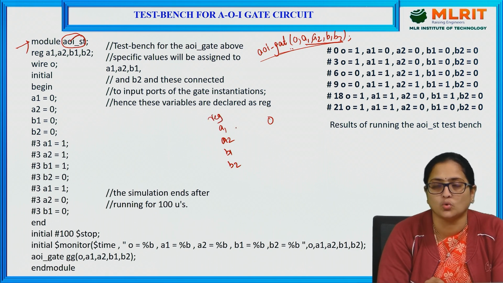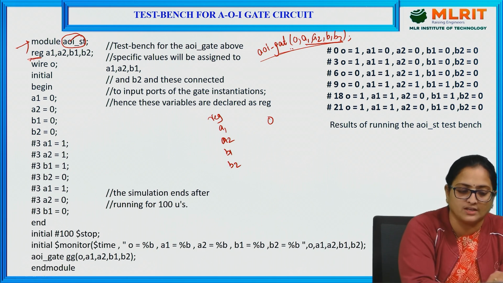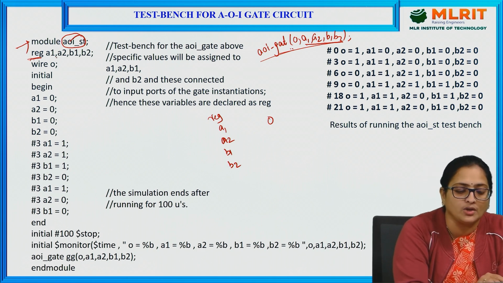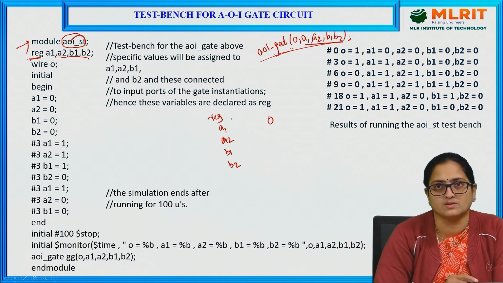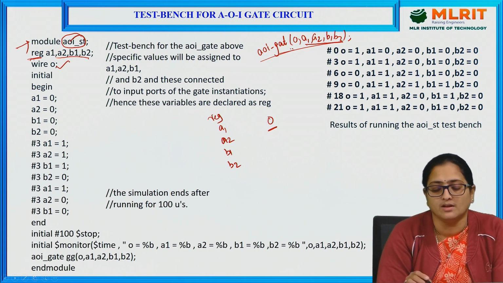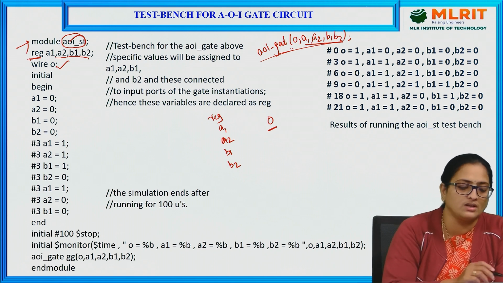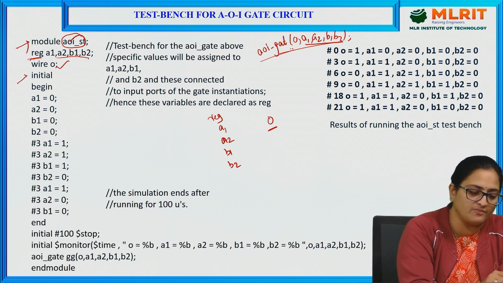Then only it stores the values which we are assigning. So reg is a keyword, and A1, A2, B1, B2 are the inputs. Now the output is given as Y because it can be used to drive the output of the circuit to some other modules.